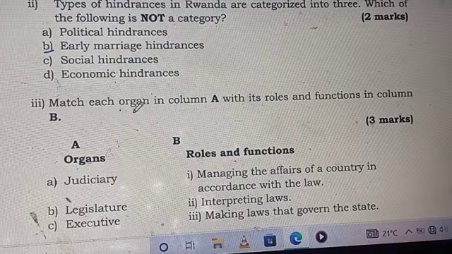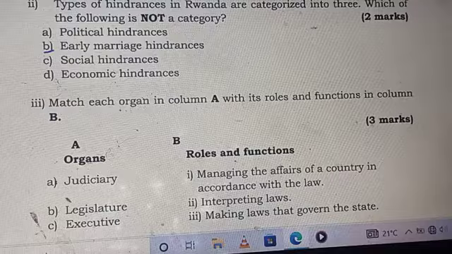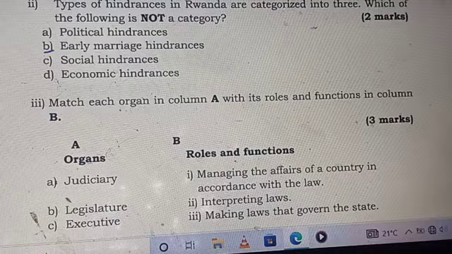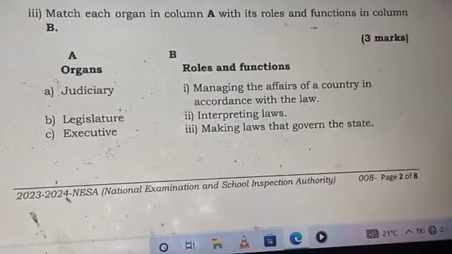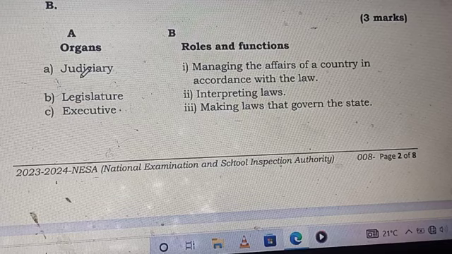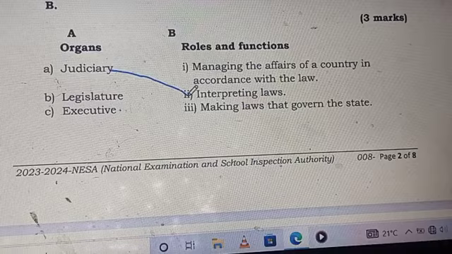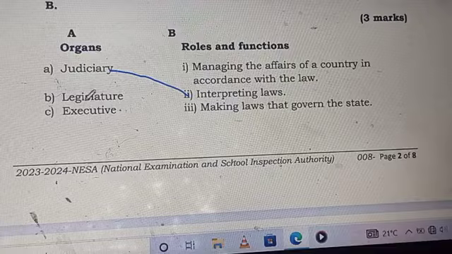Question 3. Match each organ in column A with its roles and function in column B. We have organ A and organ B. A. Judiciary, match to 2, interpreting laws.